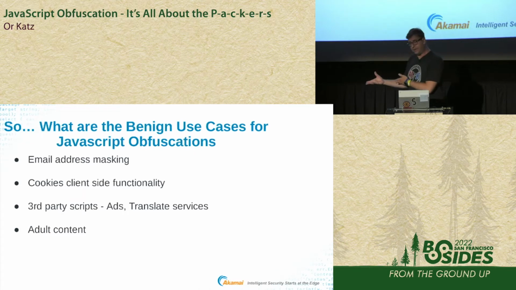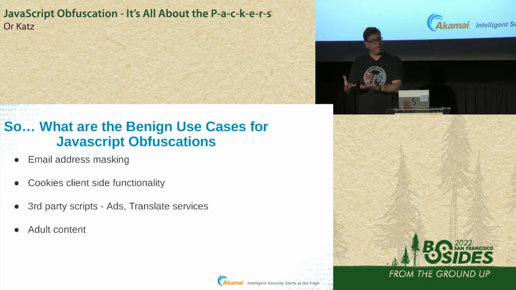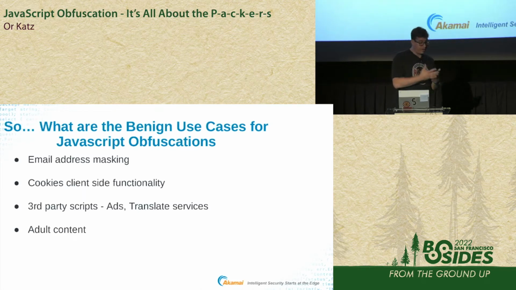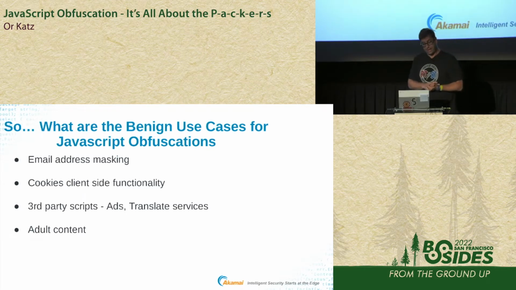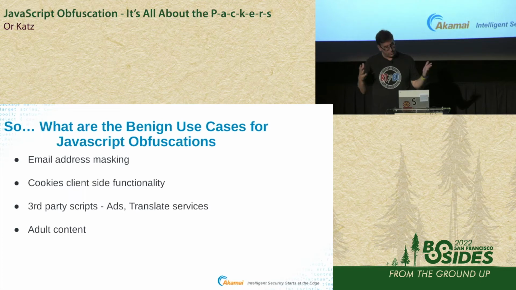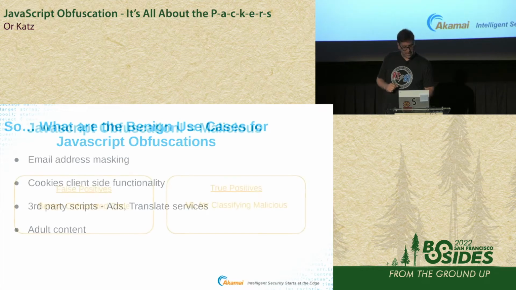That third-party vendor obfuscates that code and pushes that code to your website, and that's the way it's being used. Again, they have their own reasons. I would assume it's security by obscurity. And the last example, which I will try to avoid addressing, is that a lot of adult content sites are also doing obfuscation, and I will avoid addressing that issue.